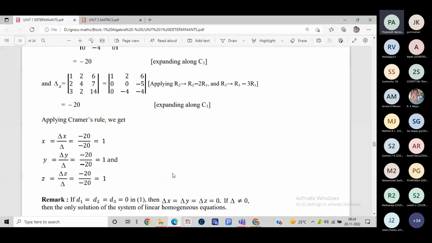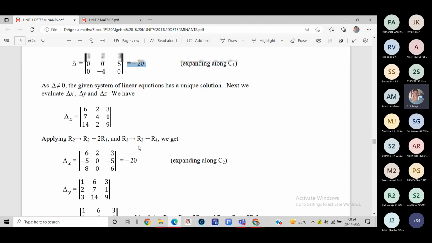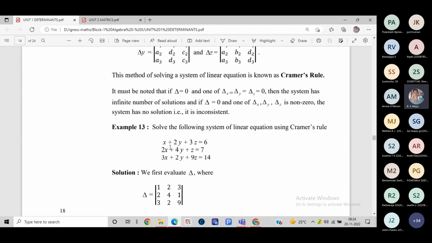Clear? Is this a homogeneous system or non-homogeneous system for this problem? This is not homogeneous, because in that equation, x plus 2y plus 3z is equal to 6. It's not 0. 2x plus 4y plus z is equal to 7.